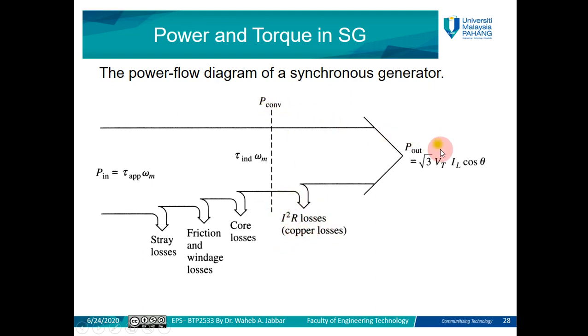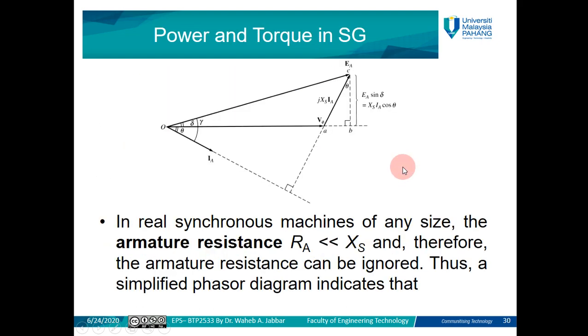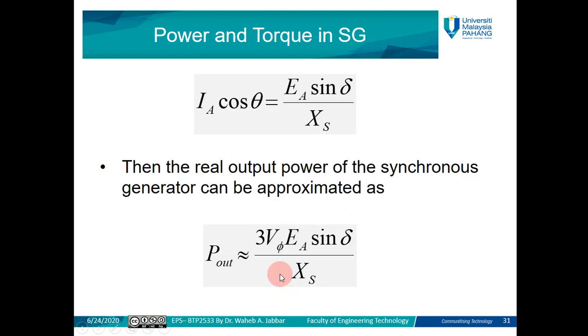So the P converted will equal the P out. Therefore, the armature resistance can be ignored. Thus, the simplified phasor diagram can be, as you can see here.